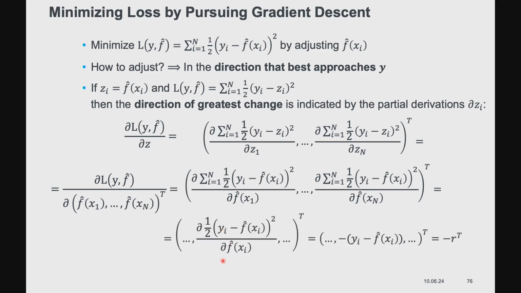Now when I look at a particular entry, what is the derivative of this with regard to this? Well, you take this outer function and derive it. So that's then 2 times a half, given the inner function. So 2 times a half is 1.